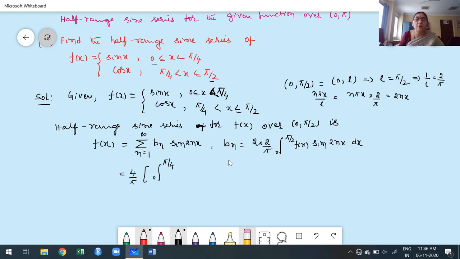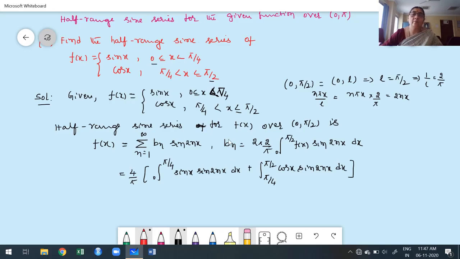Giving a break for the entire interval depends upon what type of splitting function they provide in the problem. 0 to pi by 4, what's the function? Sin x into sin 2nx with respect to x. Pi by 4 to pi by 2, what's the function they given? Cos x into sine of 2nx with respect to x.